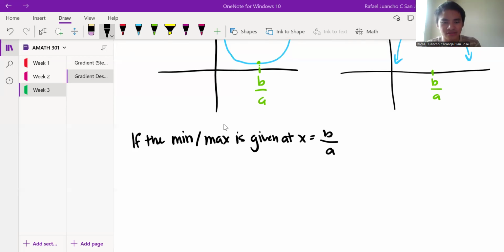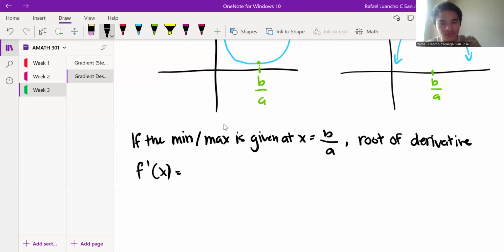Mathematically, we know that, so here's the math, right? We go to calculus. When we take the derivative and we take the root of that, so we do f prime. When we take the root of a derivative, what's the derivative?